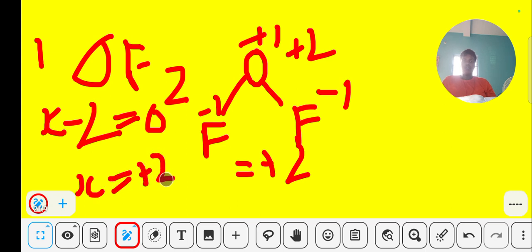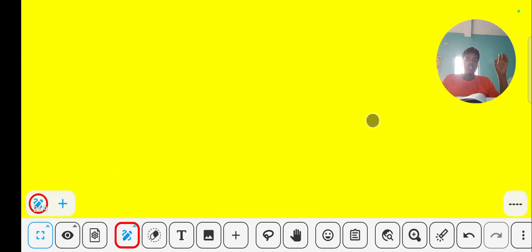Now we again talk about halogens on the next page. So let's get started. The oxidation state of a halogen is generally minus 1 when attached to a less electronegative atom.